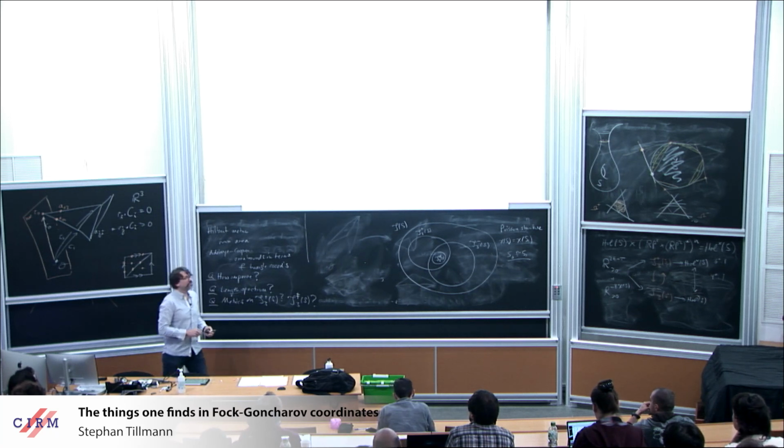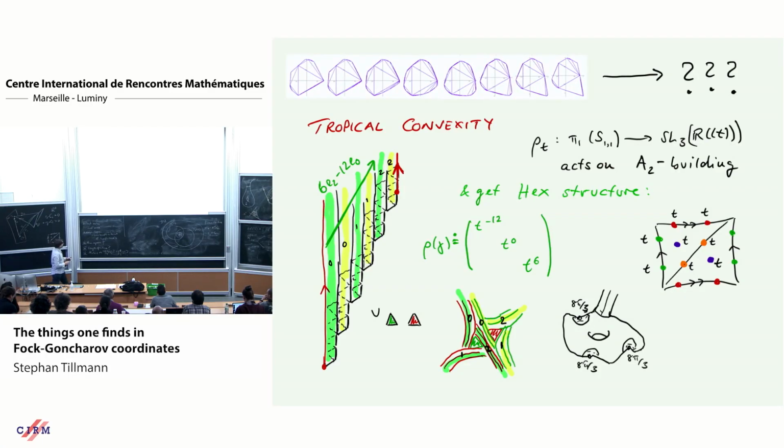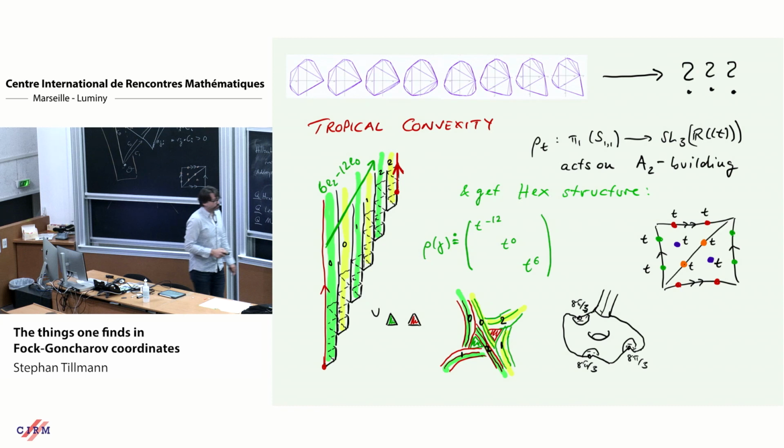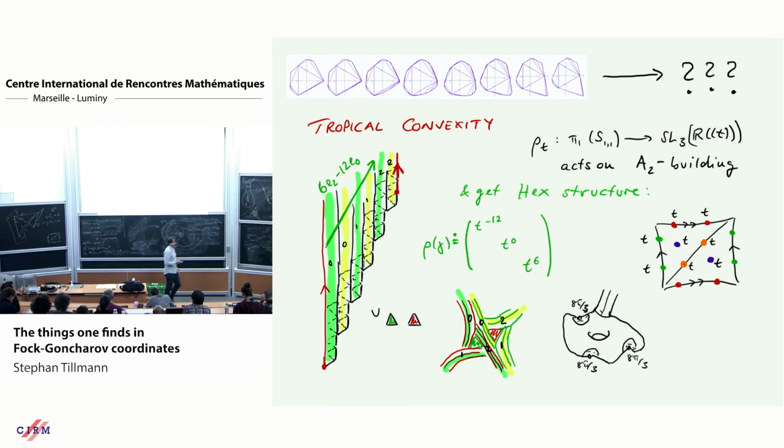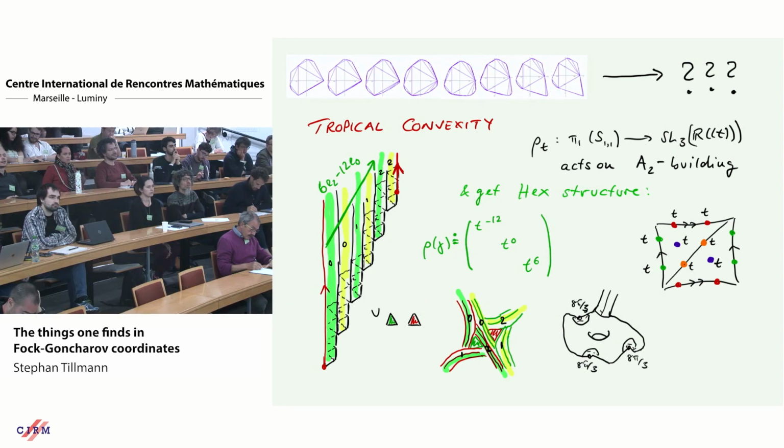So maybe one of the most tantalizing questions is, of course, I said you have these sequences of structures, and then what do they limit to, right? What do you get? And so one thing is, limiting things or maybe actions on A2 buildings. I mean, this work of Anne Parreau also thinks of this as a length function compactification, but you really wonder what kind of geometric structures you have.